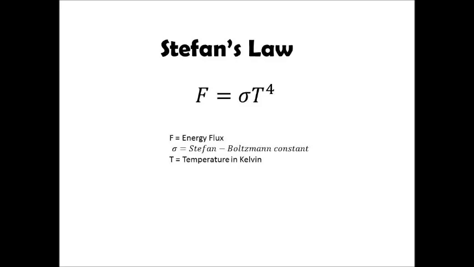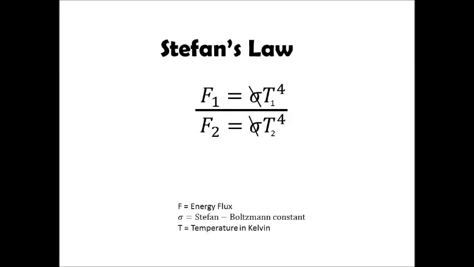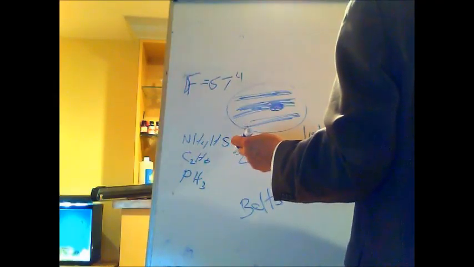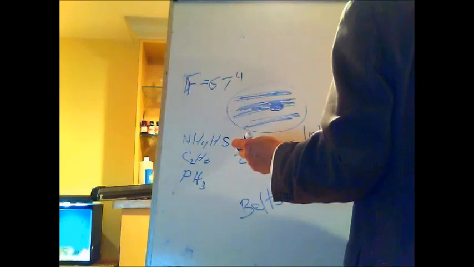This is the energy flux, F. If we take these two values and plug them into the equation, since we're comparing the flux for two different temperatures to the fourth power, the sigmas cancel out. So it's just one T to the fourth over the other T to the fourth. We have the values 125 and 105.